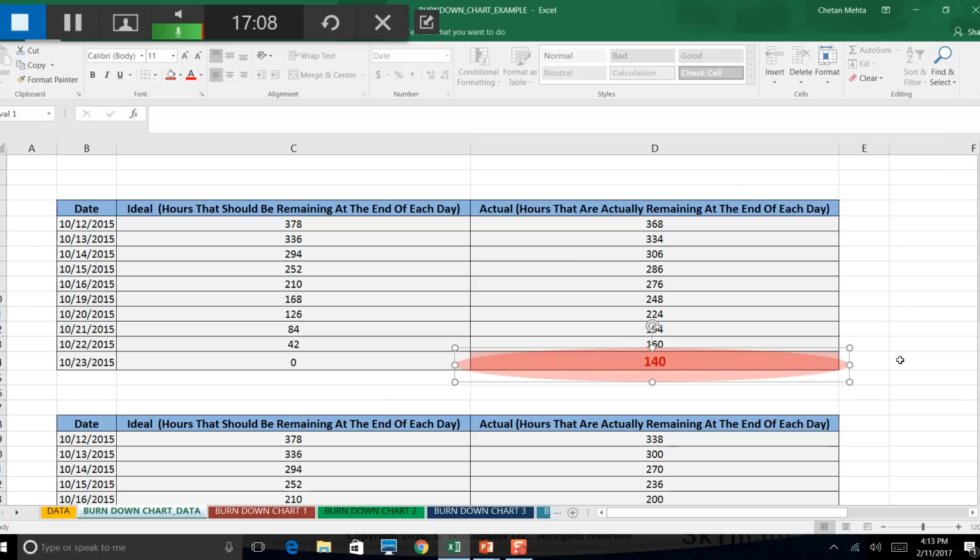So this is one case where you are unable to finish all the work which you planned to do. Not a good scenario.